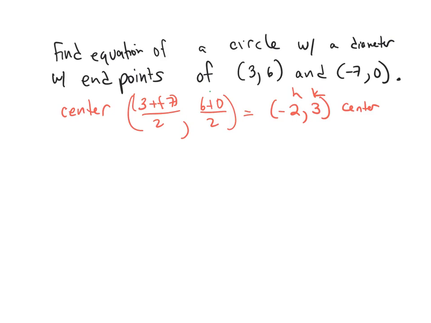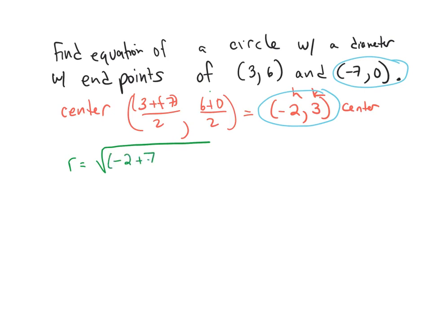Now I'm going to find the distance from that center to one of those points. Just for simplicity's sake, I'm going to find the distance between this point and (-7, 0), just because it makes a 0, but it doesn't really matter. The radius is that distance. So I'll subtract the x's: negative 2 minus negative 7 is plus 7, because two negatives make a positive.